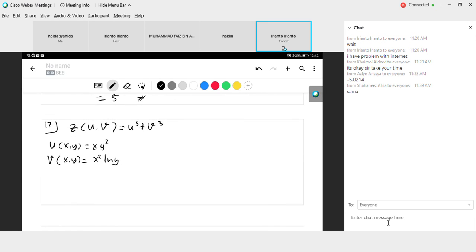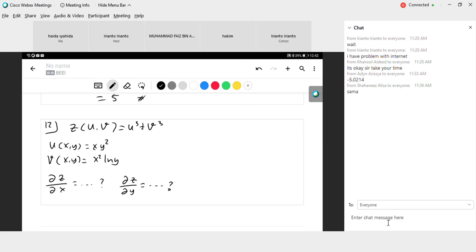The question is asking for the partial derivative of z with respect to x, and the partial derivative of z with respect to y.